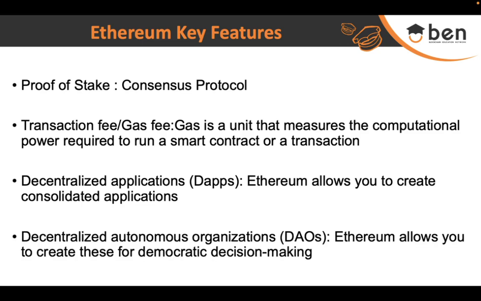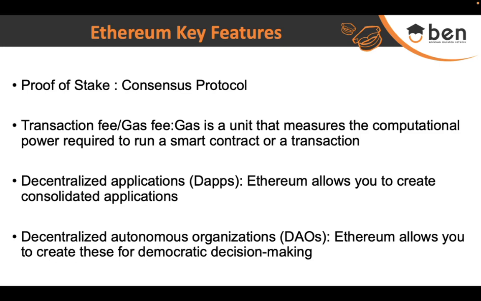Similarly, we have something known as DAOs, which are decentralized autonomous organizations. It's a concept which allows you to create democratic decision making. It was felt that since blockchains empower us to make a trustless system where everybody is in charge of their own data, this could be a very good application.